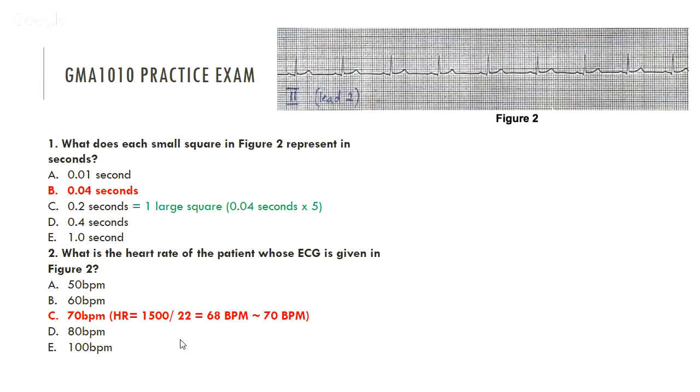Each small square is 0.04 seconds. That's just something you have to know. And the heart rate, because it's a regular rhythm, you can use a box method. Using little boxes, it's 1,500 divided by, if you count, like 22, so it's about 70 beats per minute. They might ask you a question on that, but it should be pretty straightforward.